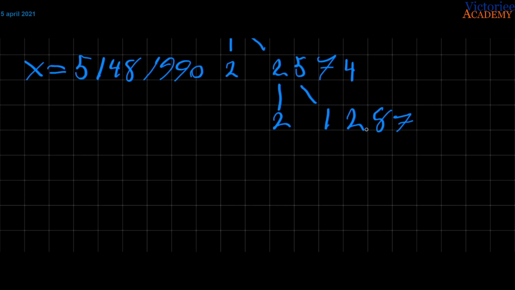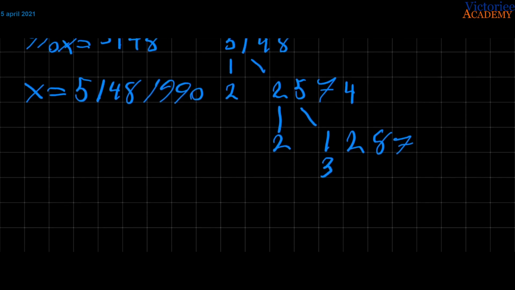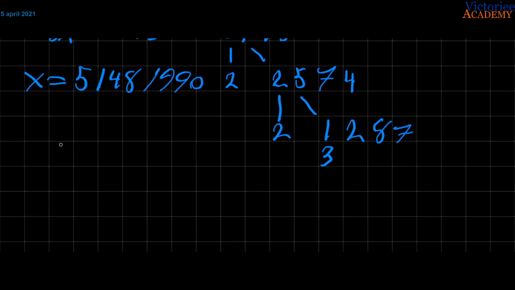And this thing here: 1 plus 2 is 3, plus 8 is 11, plus 7 is 18. That means the sum of the digits is 18, and that's divisible by 3. So this is divisible by 3. To calculate that, I'm going to use the stair division method. I don't know what you call that in English.